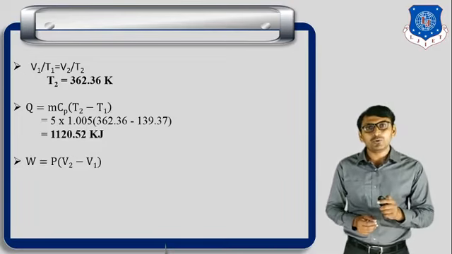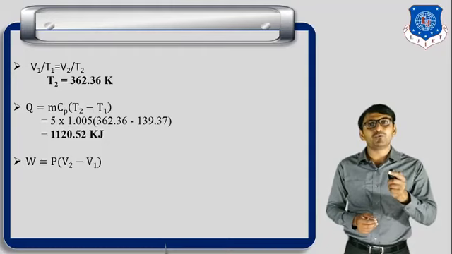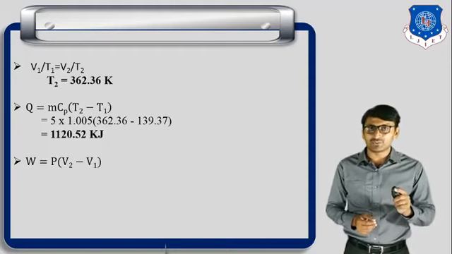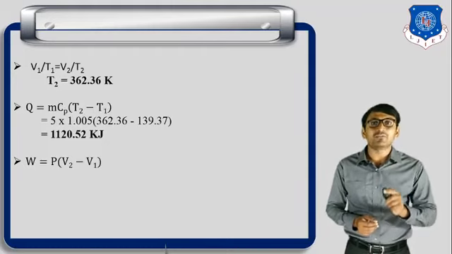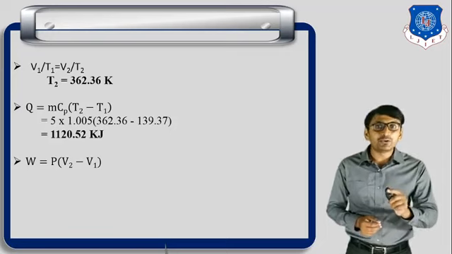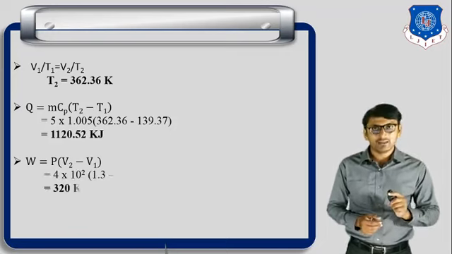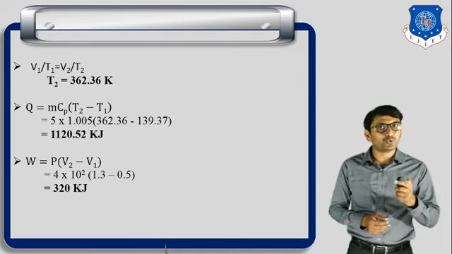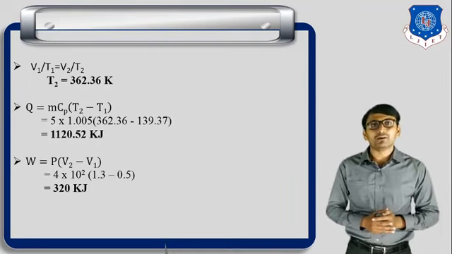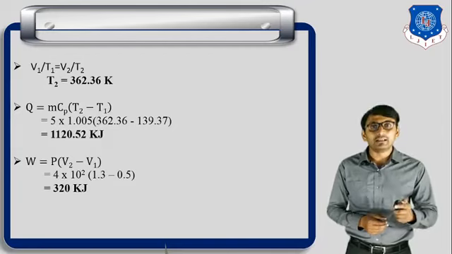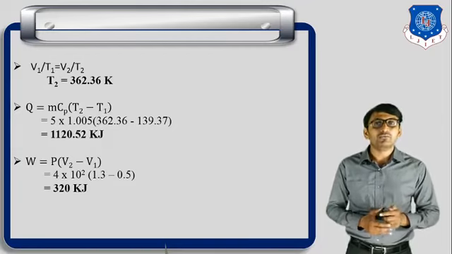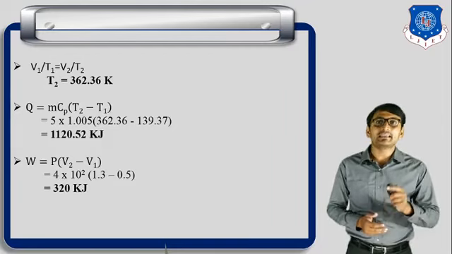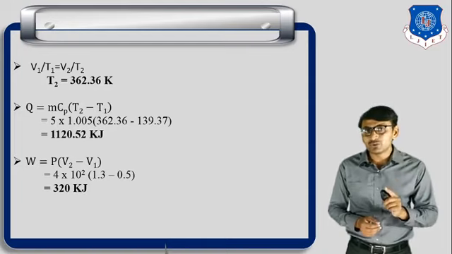Okay. Now W. The formula for W for a constant pressure process is W is equal to P (V2 minus V1). By putting the values P, that is 4 into 10 raised to 2, V2 1.3 and V1 0.5, we get 320 kilojoule. Why kilojoule?